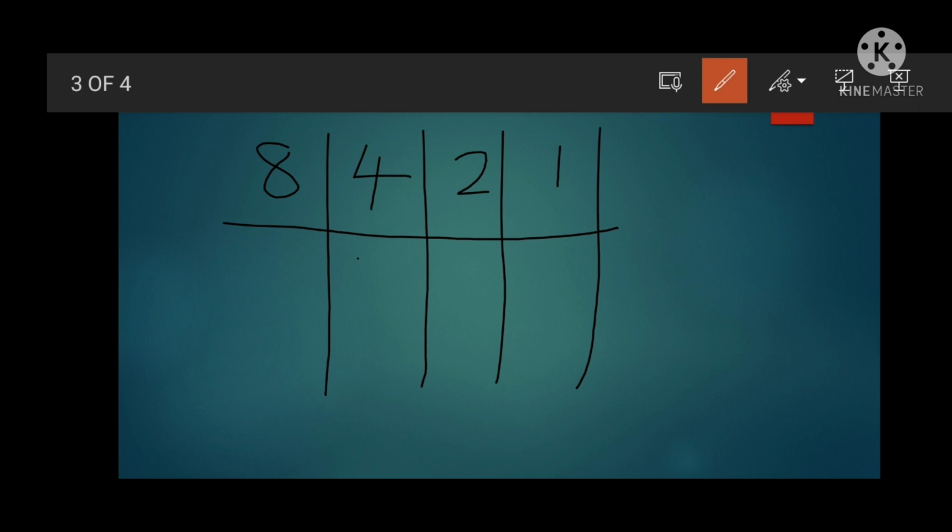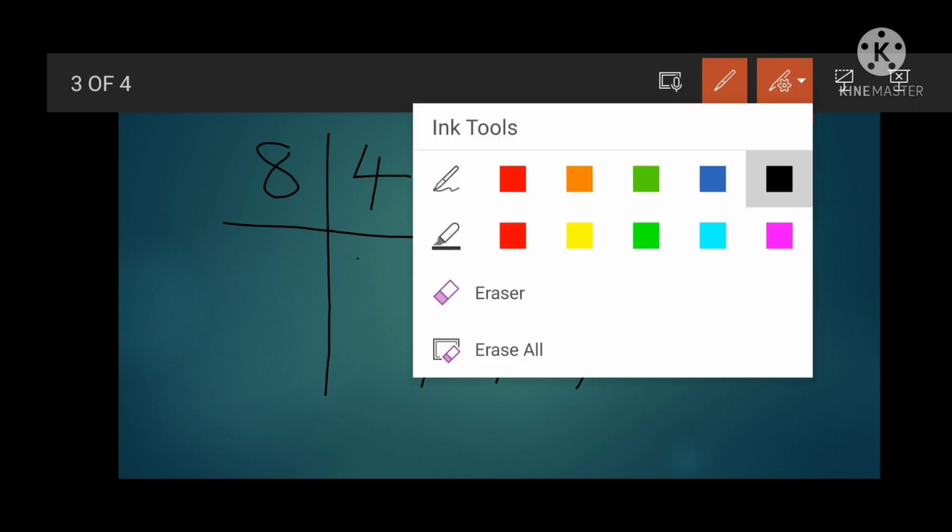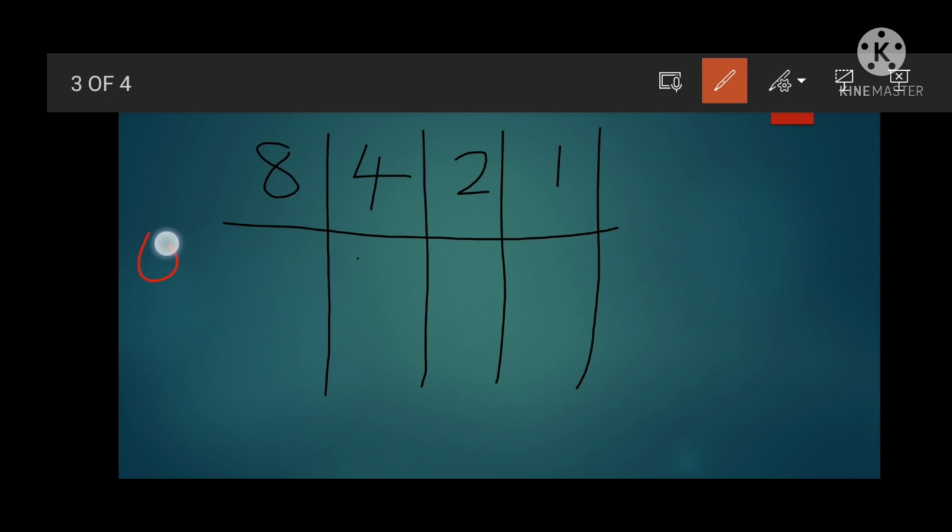Let me start with the number 0. If my decimal number is 0, how do I convert it into binary? Obviously, we do not have 8, not 4, not 2, and not 1. So, what's the binary of the number 0? It's 0 0 0 0.